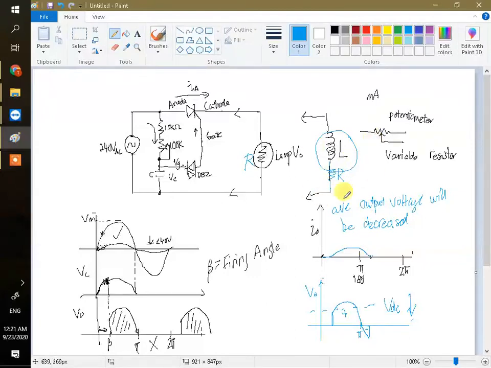So to solve this problem, we can just use one freewheeling diode here, so that the current in the inductor will flow and recycle here. You should remember, I explained it in the classroom. That's why this will bring the output back to here.